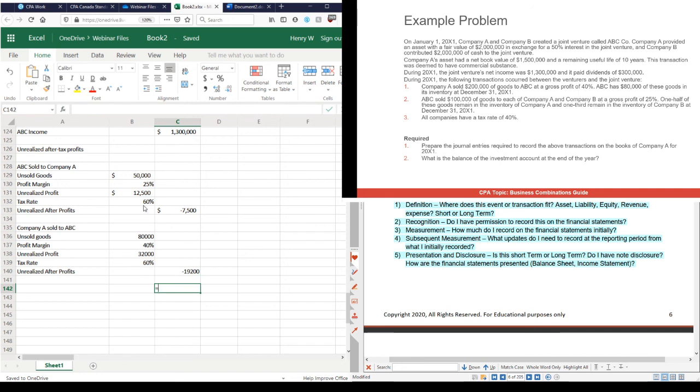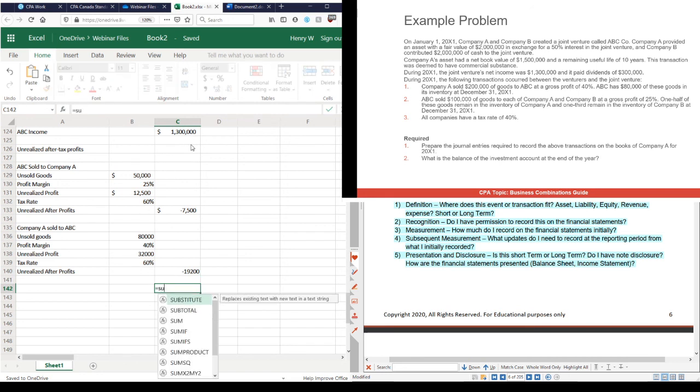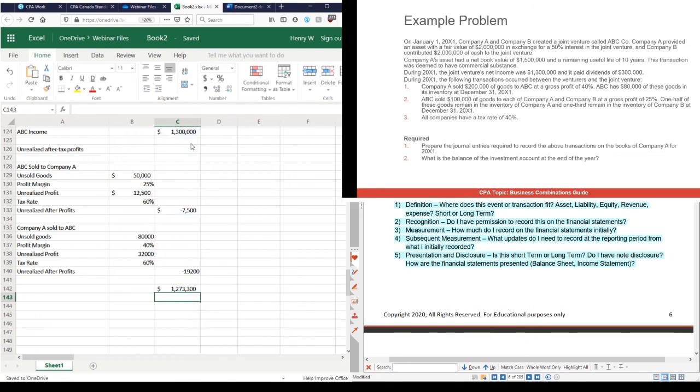Okay, so now we're just going to clear this out, clear it up. 1.273, now taking the percentage of interest, 50%. And so company A's percentage of interest.